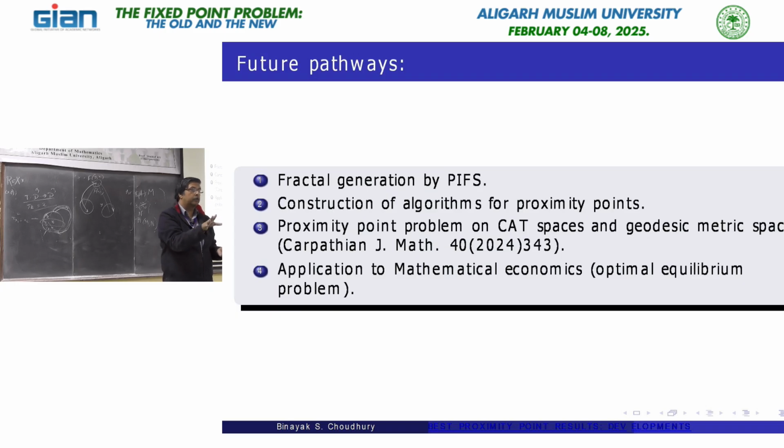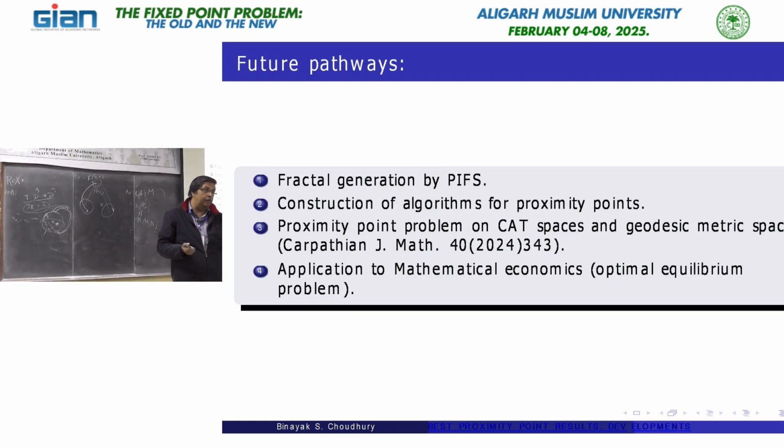If you are a student of fluid dynamics, you know that this phenomenon is called turbulence. It's a chaotic phenomenon. And in the whole process, there will be a point z bar equal to Tz bar. If you are here, you will be just thrown out here. But if you are at z bar, then you are safe.